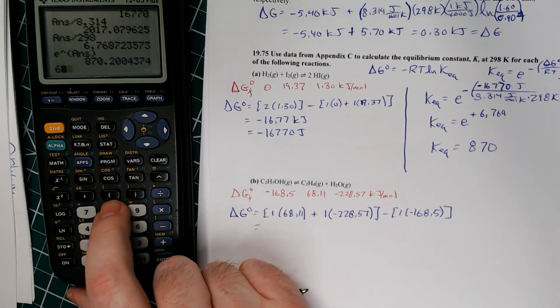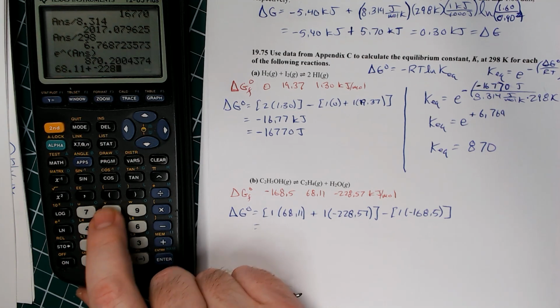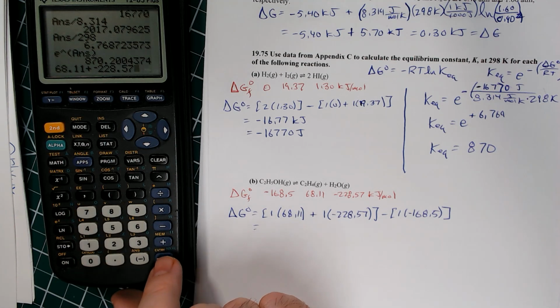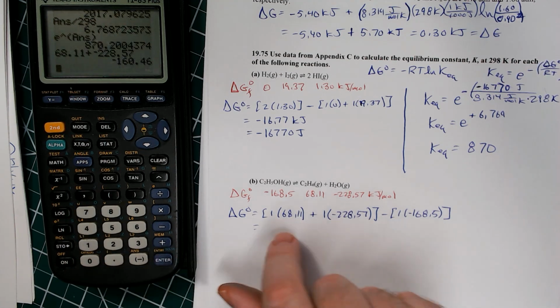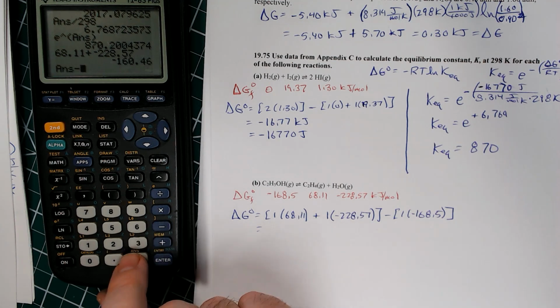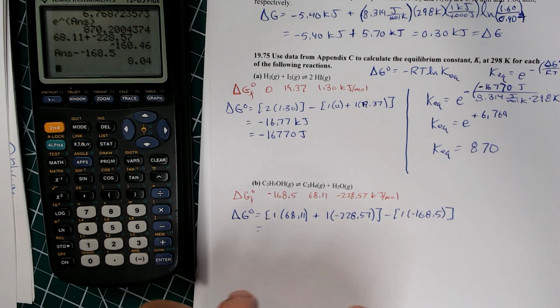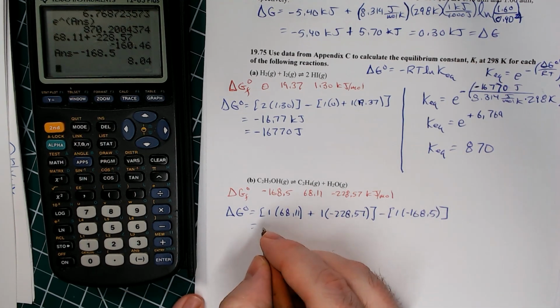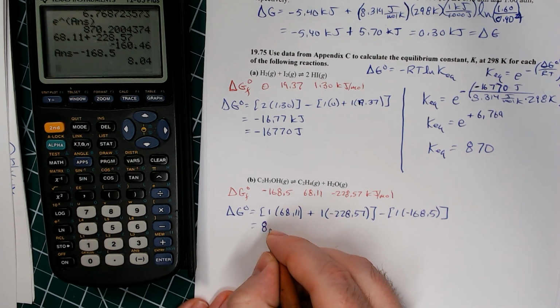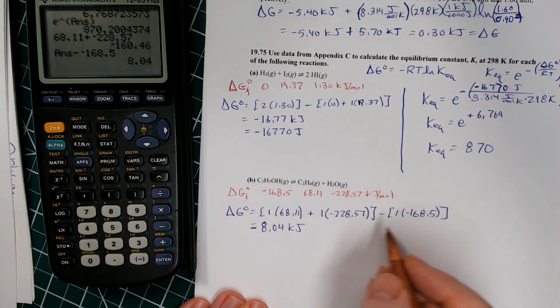So 68.11 plus -228.57. All right, that's this part. And then we want to subtract negative, so minus -168.5. And that gives us the number 8.04 kilojoules.